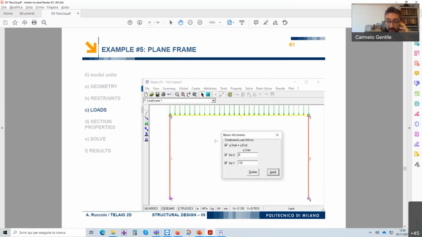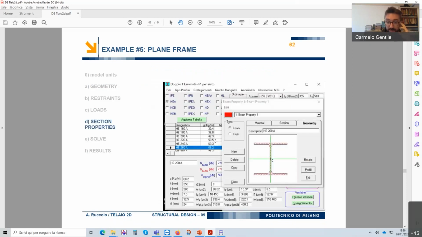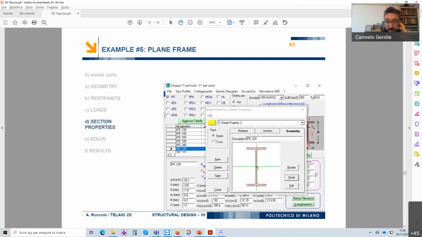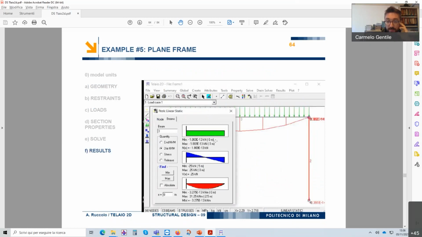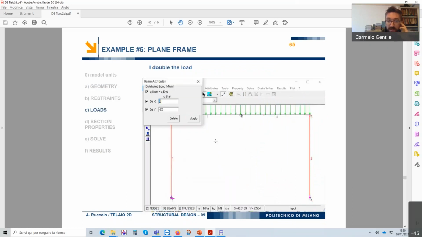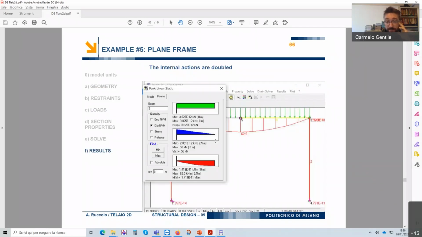So the result will be a little different, but in my case I used 3 kilonewton over meter. These are the first guess. Then I changed the load, and so what happened?